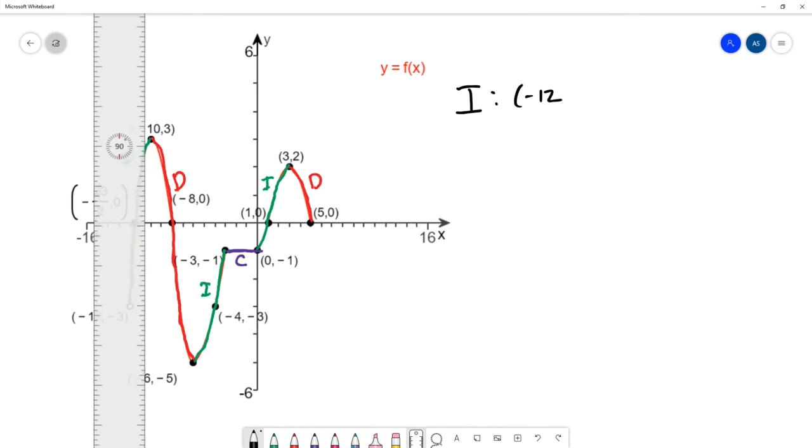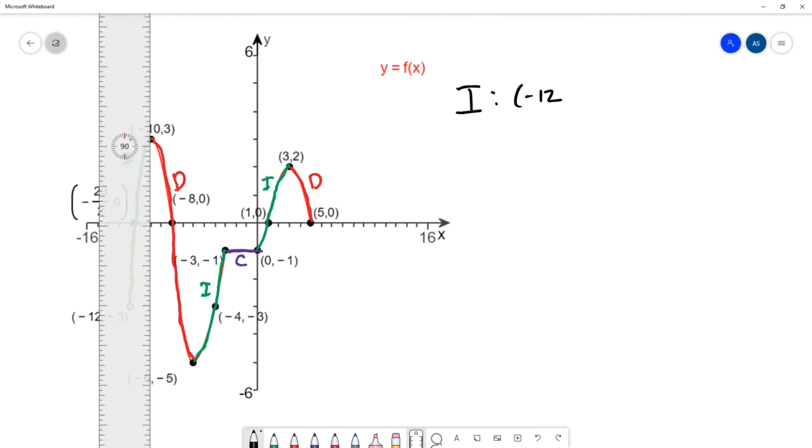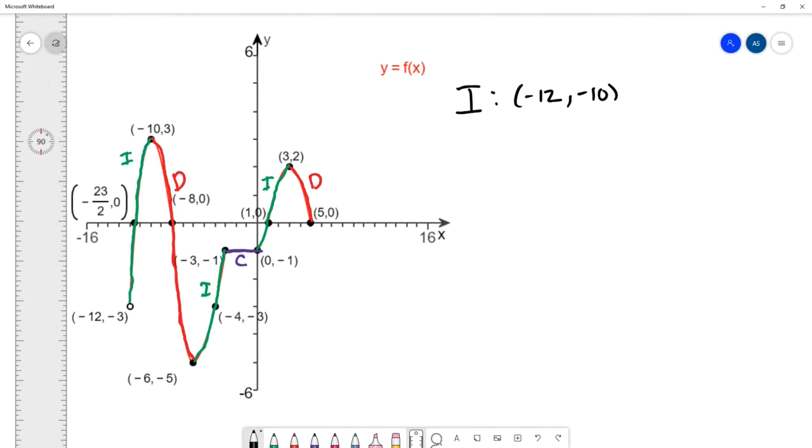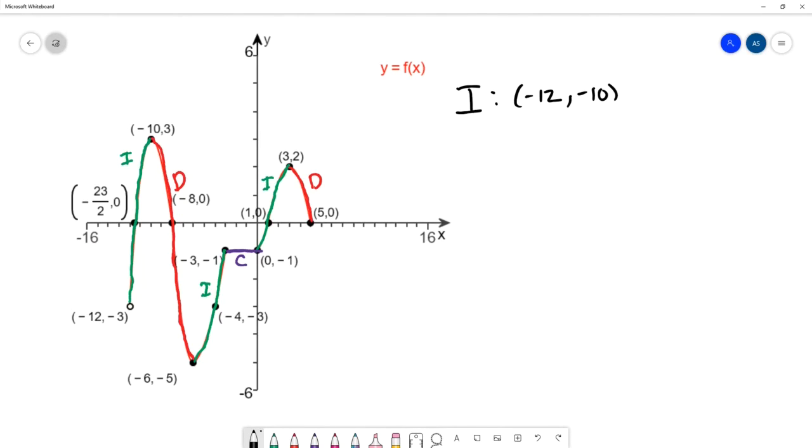And we're going to stop our increasing interval at -10. Now you'll notice here that I'm using parentheses on both of these numbers, basically ignoring the fact that this is an open circle and this is a closed circle.